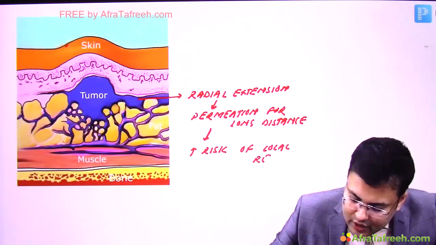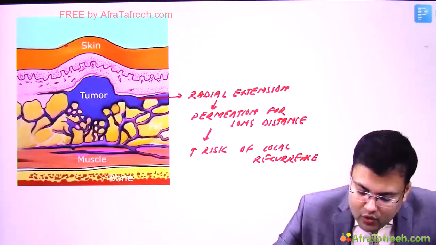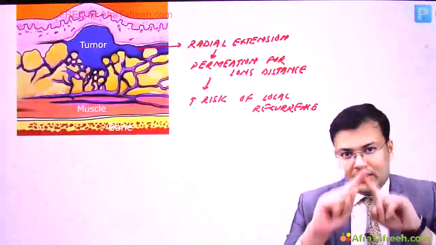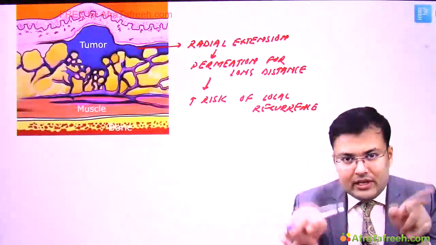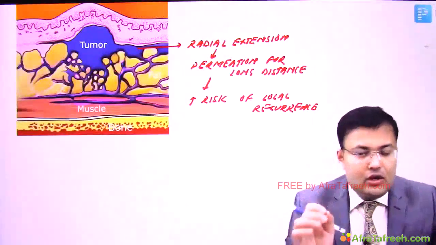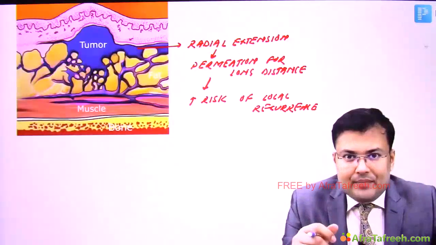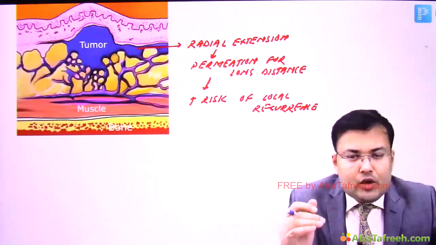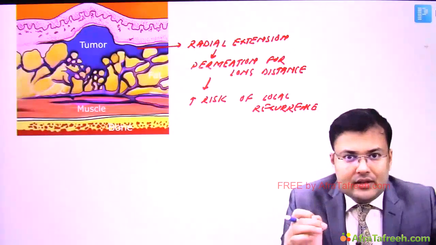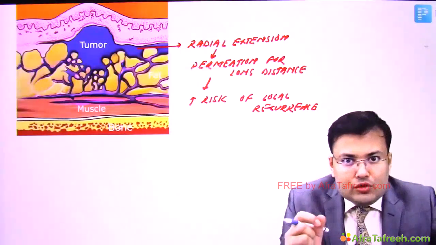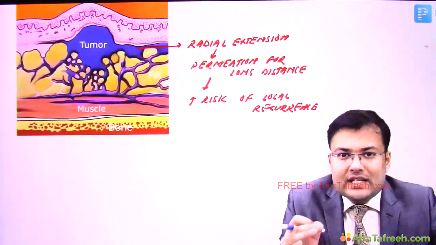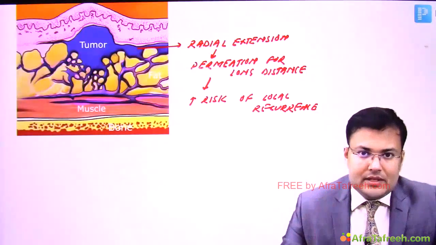Simple. So how can we prevent this local recurrence? By wide local excision with circumferential margin. How much? 2 to 4 centimeter. This question was asked in a super specialty exam: which of the following tumors requires maximum margin? DFSP is one of those tumors which requires 2 to 4 centimeter of circumferential margin.